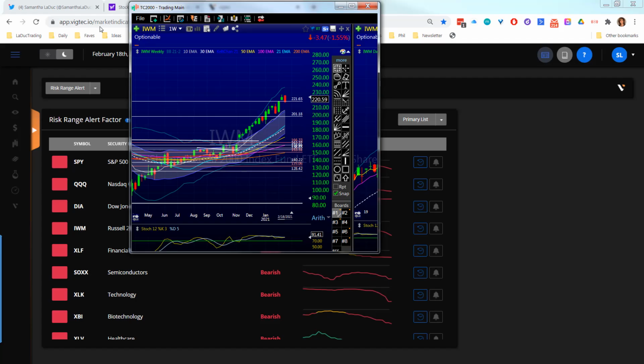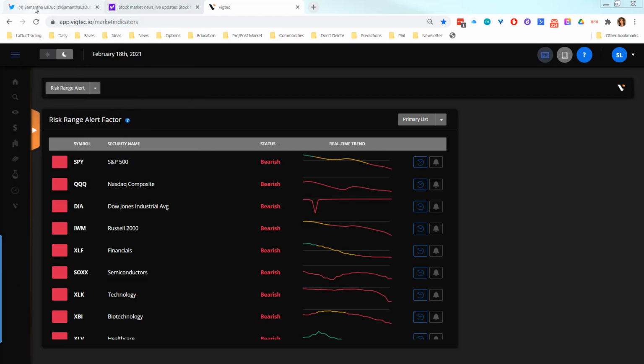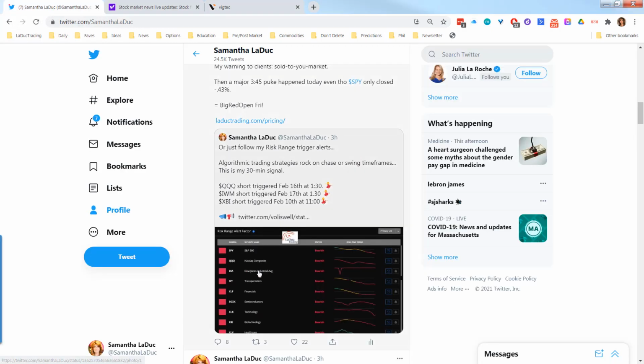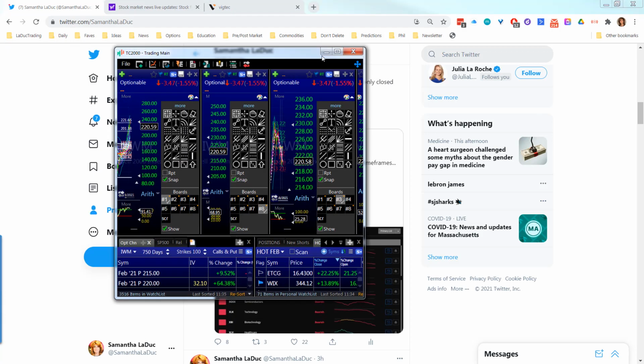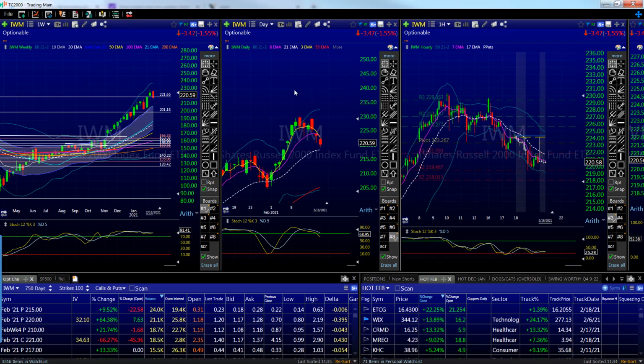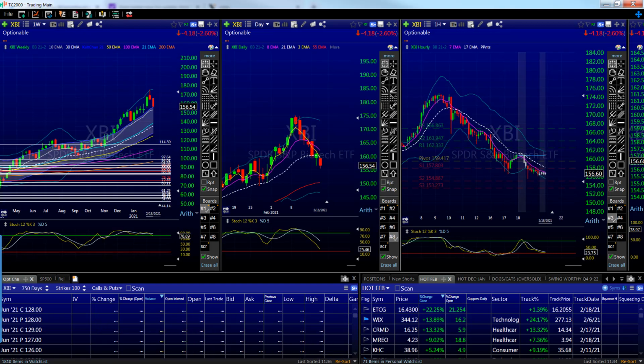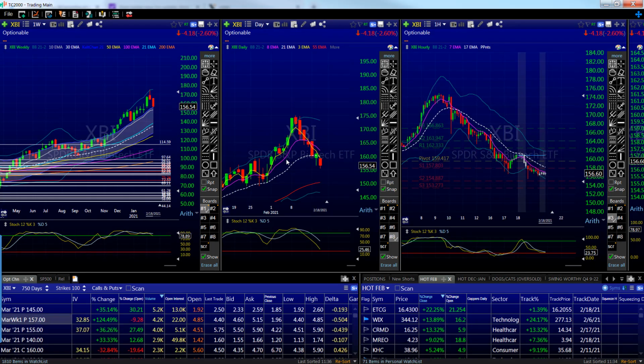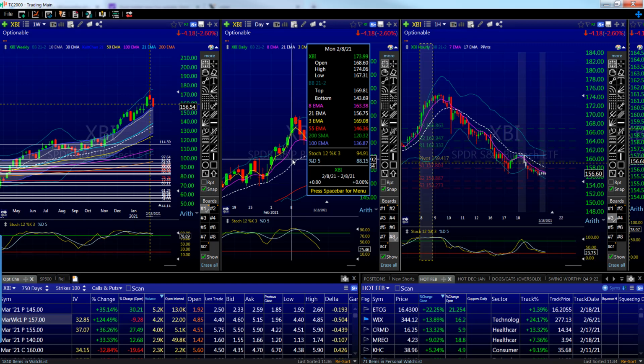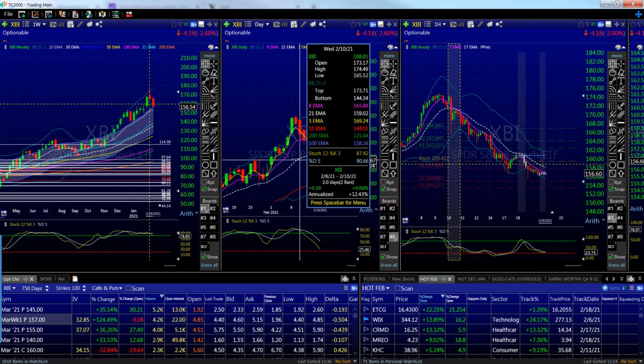So that's what I am trying to accomplish: a smoothing indicator so that you can see, for example, XBI short triggered last week on February 10th, and it has stayed short. Let me show this to you, okay? So here's XBI, and it said it triggered on the 10th, which was not this day, but that day.